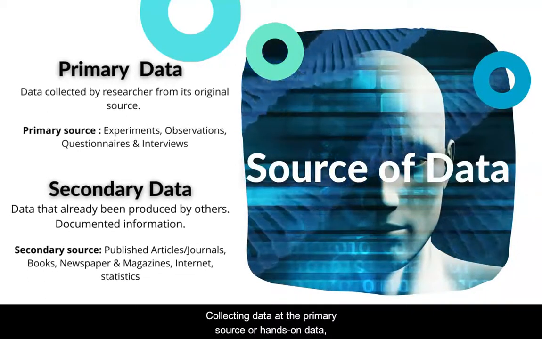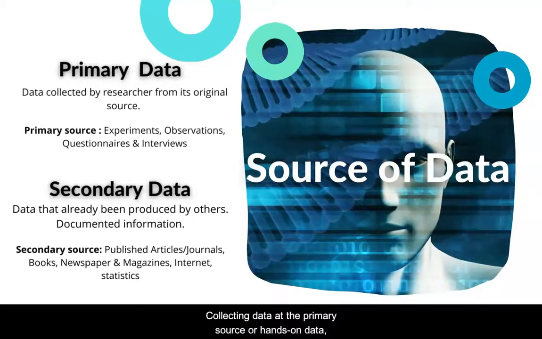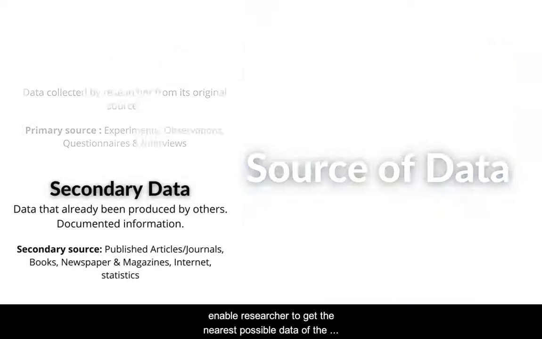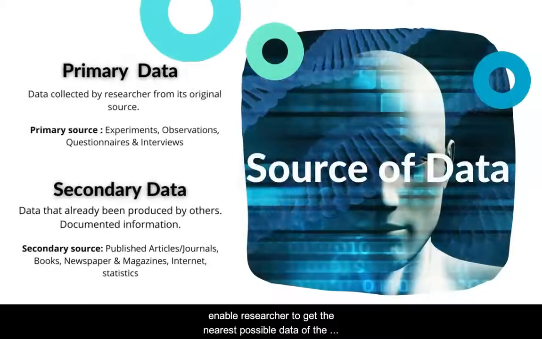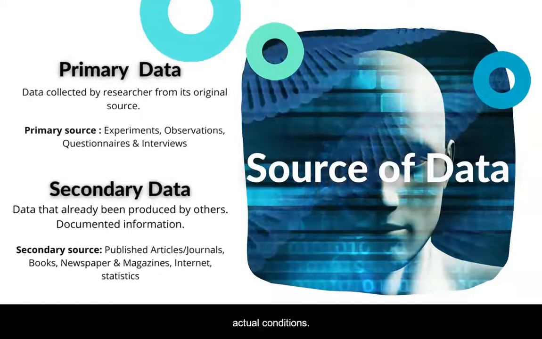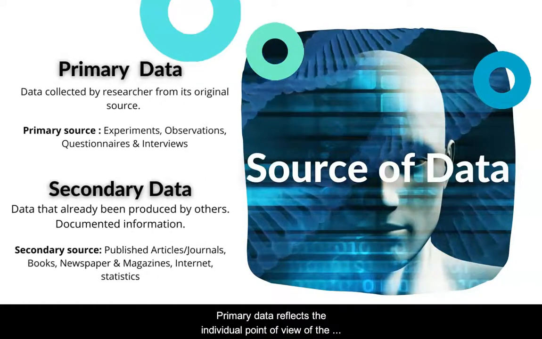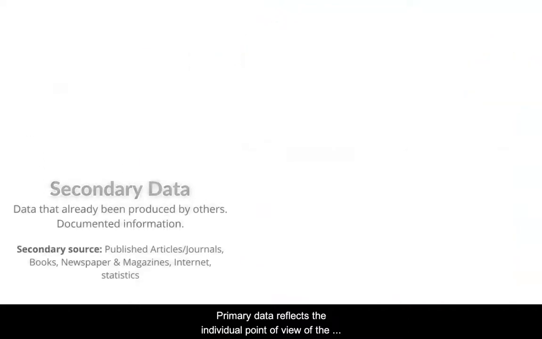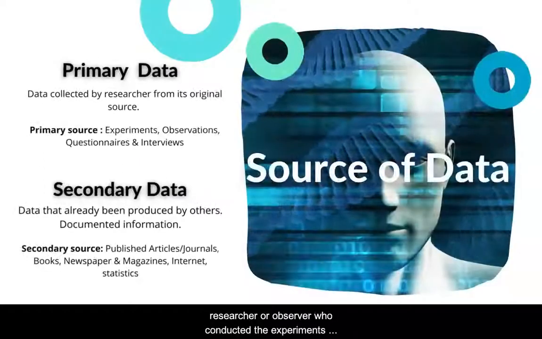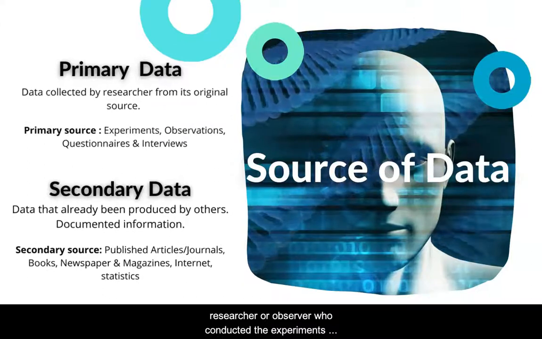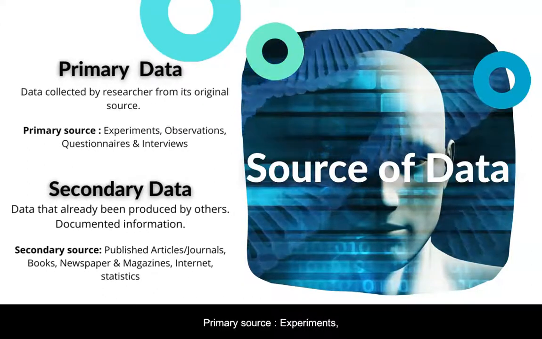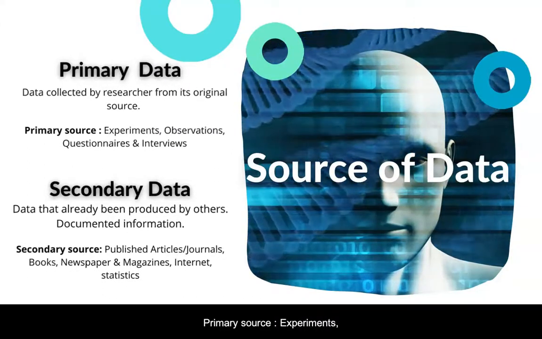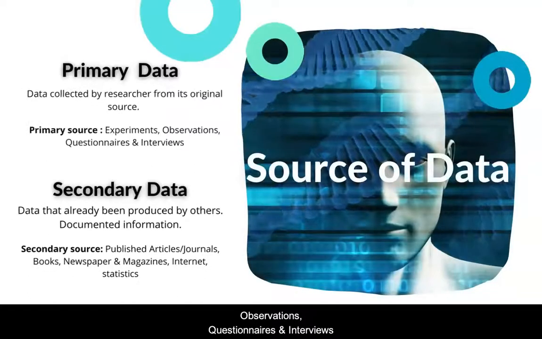Collecting data at the primary source, or hands-on data, enables the researcher to get the nearest possible data of the actual condition. Primary data reflects the individual point of view of the researcher or observer who conducted the experiment. Some examples of primary sources are experiments, observation, questionnaires, and interviews.